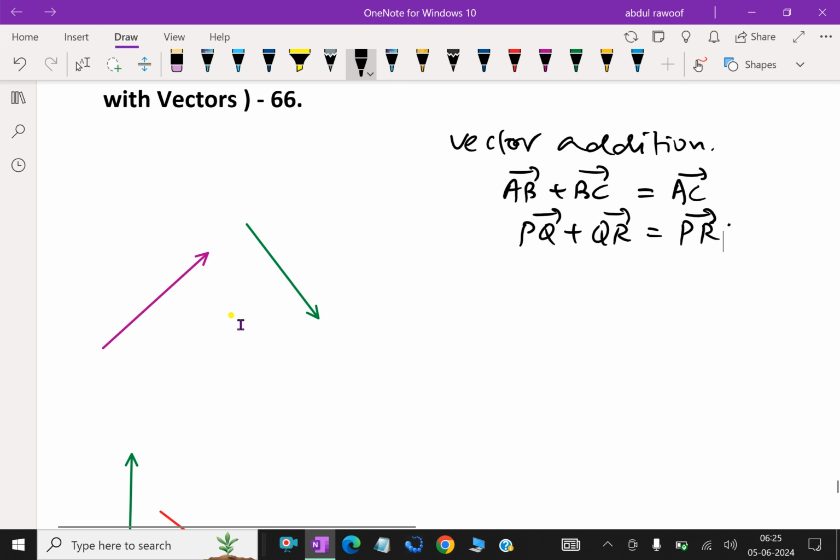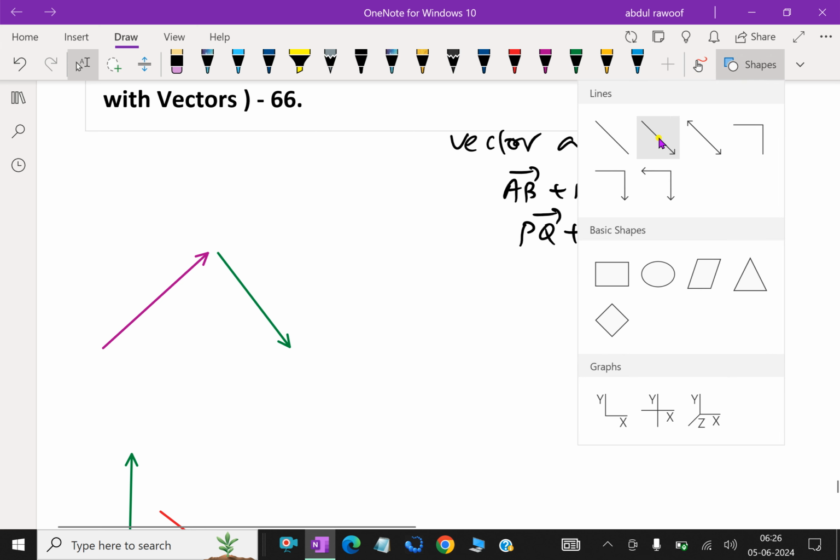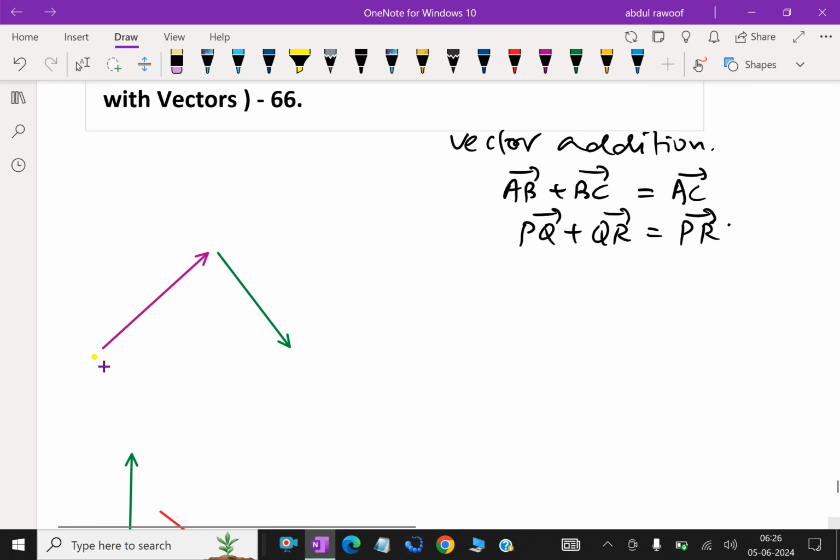How to add those vectors? Suppose you have to add this first vector with the second vector. So you have to move this vector and join them, then the final vector is here.